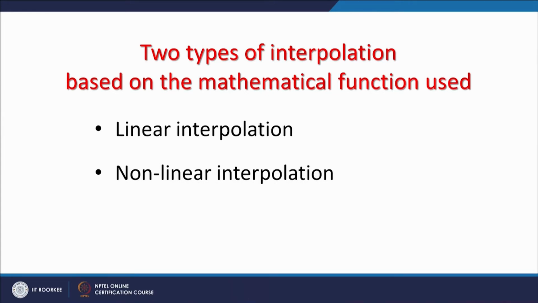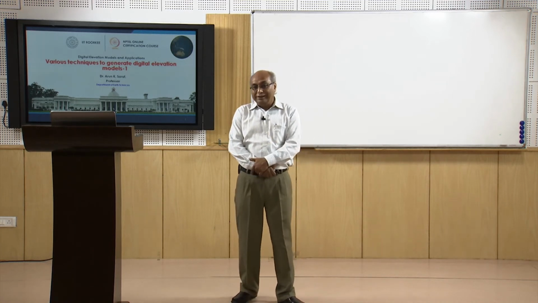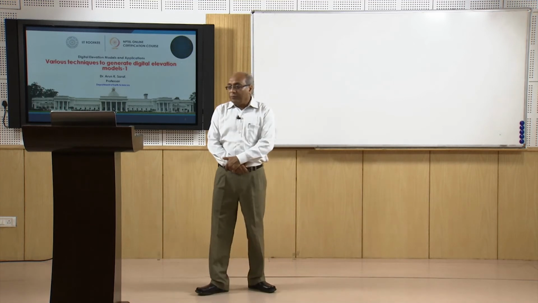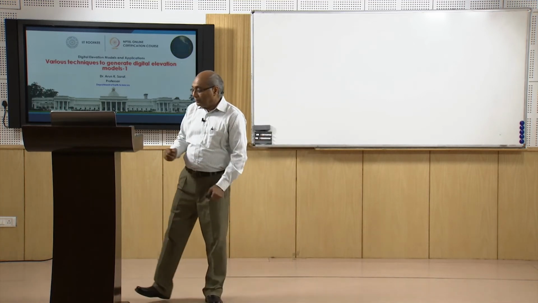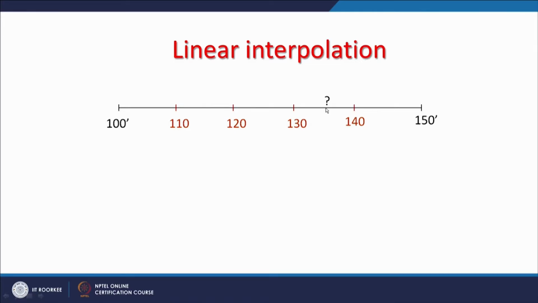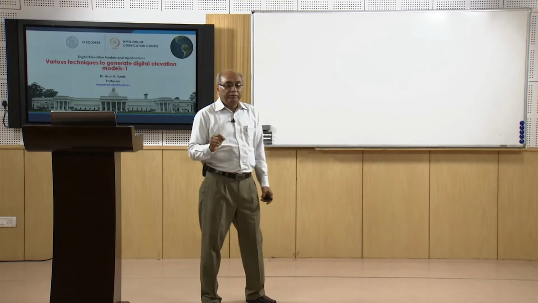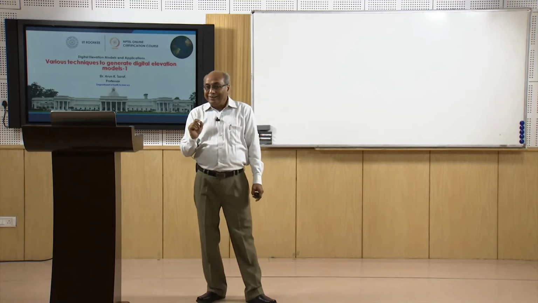Linear is simple in the sense that it predicts easily, but it has limitations. So people go for non-linear as well. Now, for example, in the case of linear interpolation, where the question mark is shown we do not have the information, but we have two values on each side. So it becomes easier to estimate the value at the center using the concept that things are linearly related.